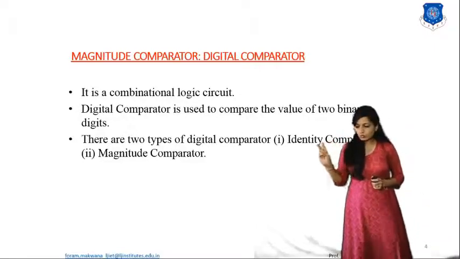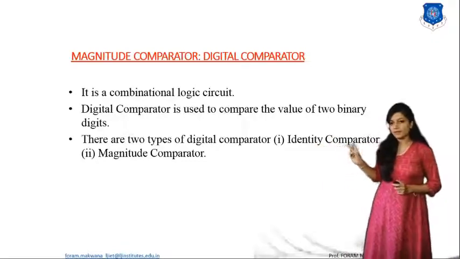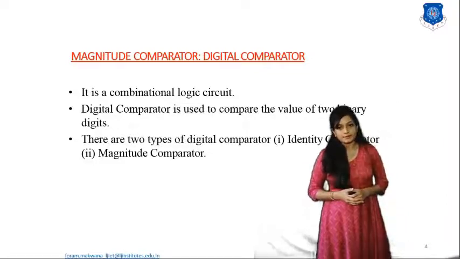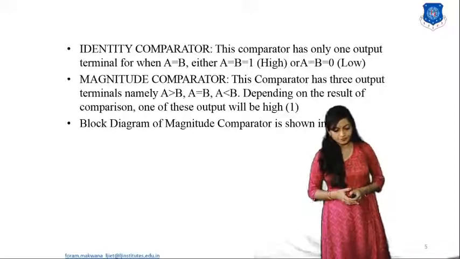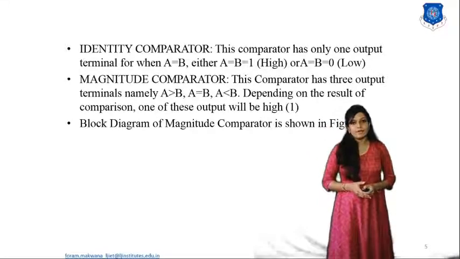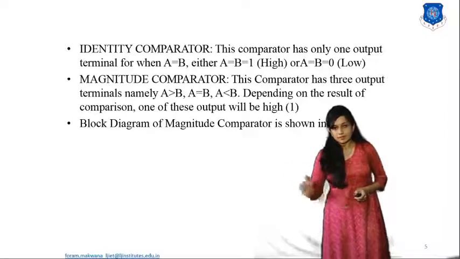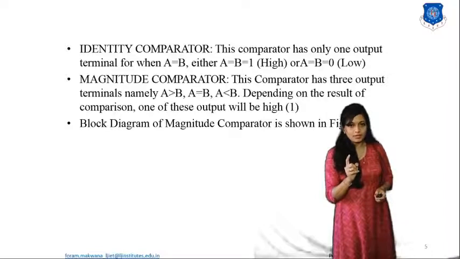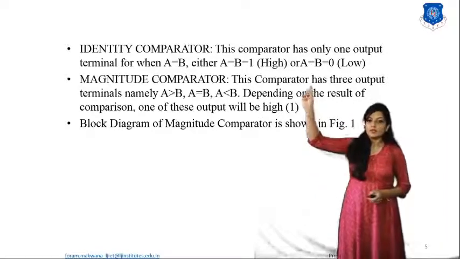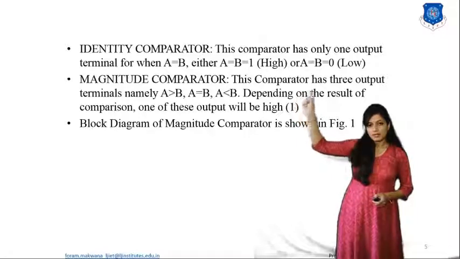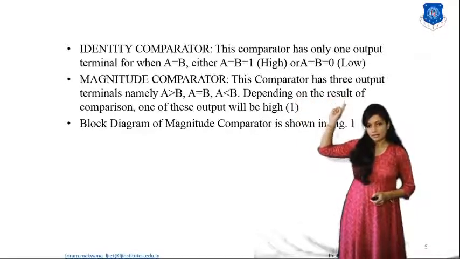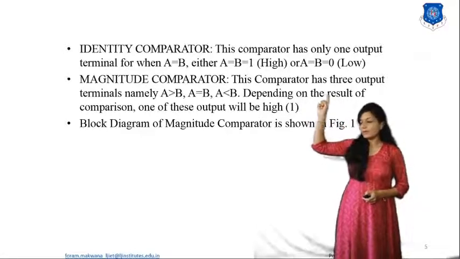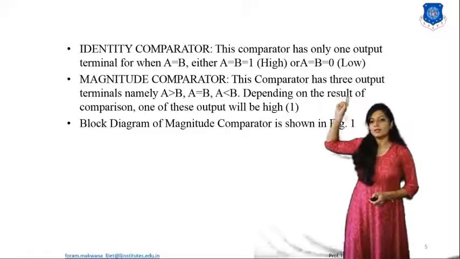There are two types of digital comparator, identity comparator and the magnitude comparator, right? The identity comparator is the comparator which has only one output terminal for A equals to B, either high or low: A equals to B is 1 and A not equal to B is 0.